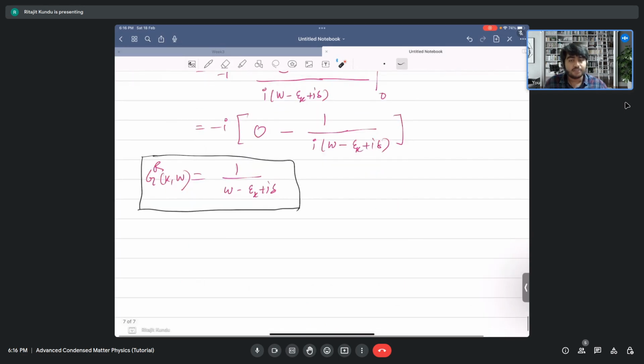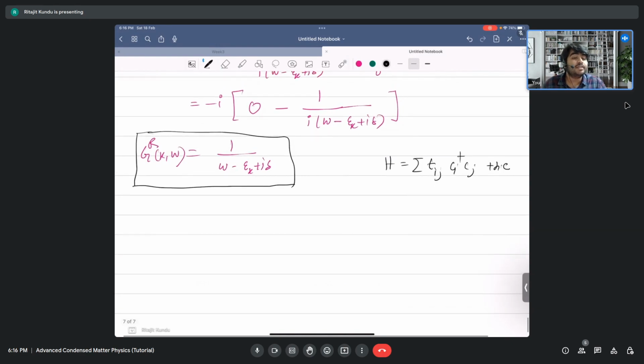So the Green's function becomes very simple. On the other hand, if your Hamiltonian is not a diagonal Hamiltonian, let's say it is something like T_ij c_i dagger c_j plus Hermitian conjugate, the first thing you will try, if these are in real space with c_i, c_j being lattice site indices, is to go to momentum space.